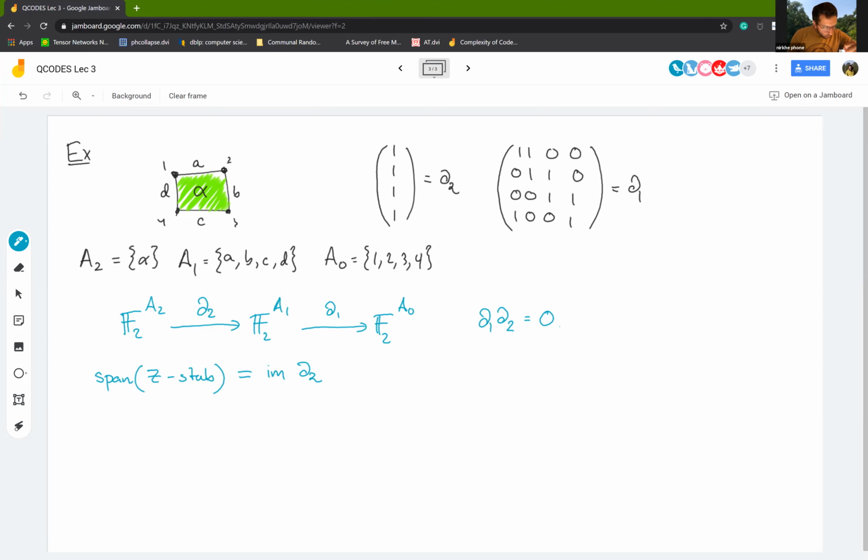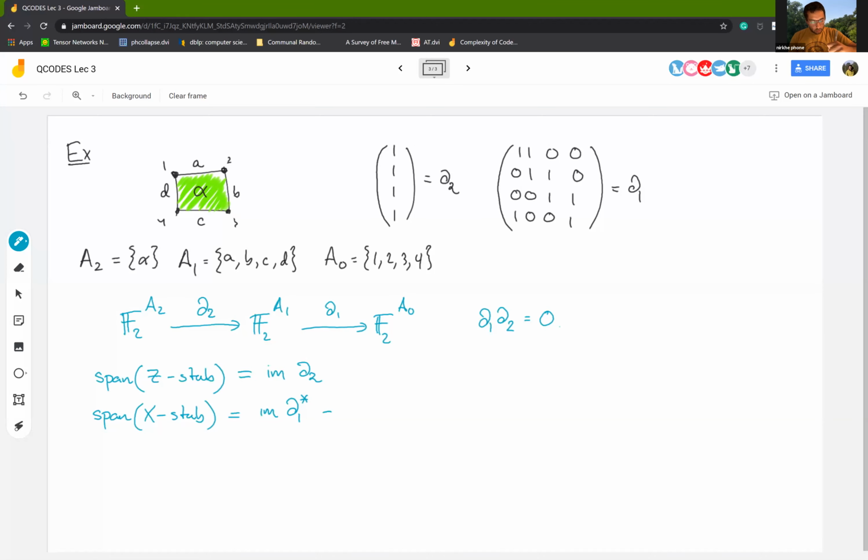Okay. So now here's the one that might be a little trickier to see. The span of the X stabilizers is going to be the image of delta 1 transpose. Sometimes written with a star in algebraic topology, but it's the same thing. It's just the matrix transpose.